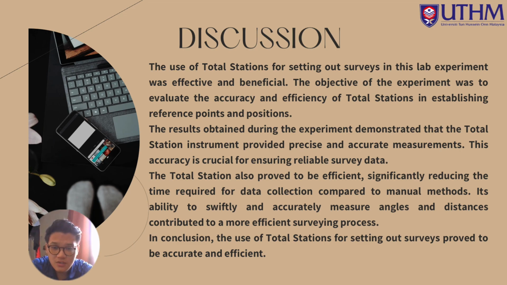This accuracy is crucial for ensuring reliable survey data. The total station also proved to be efficient, significantly reducing the time required for data collection compared to manual methods. Its ability to swiftly and accurately measure angles and distances contributes to a more efficient surveying process. In conclusion, the use of total station for setting out surveys proved to be accurate and efficient.